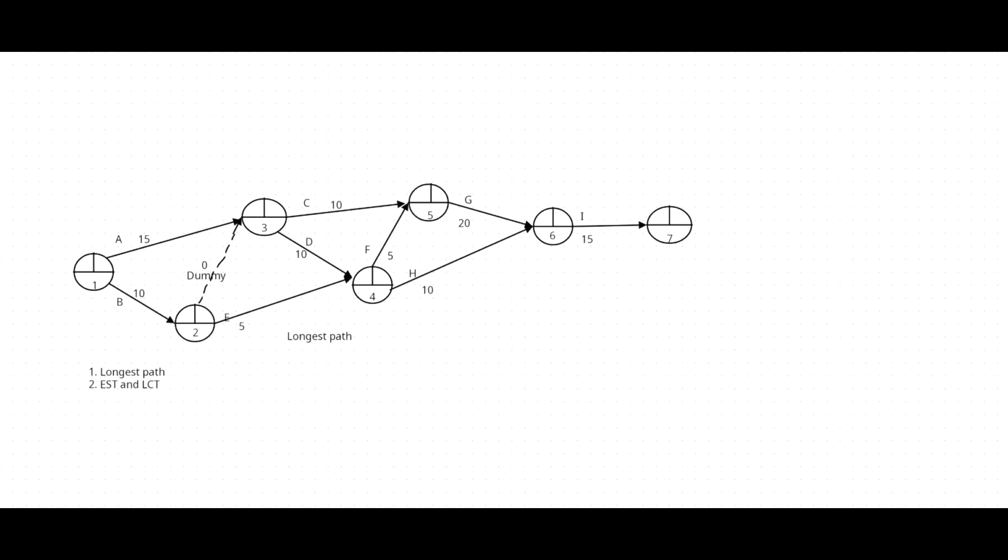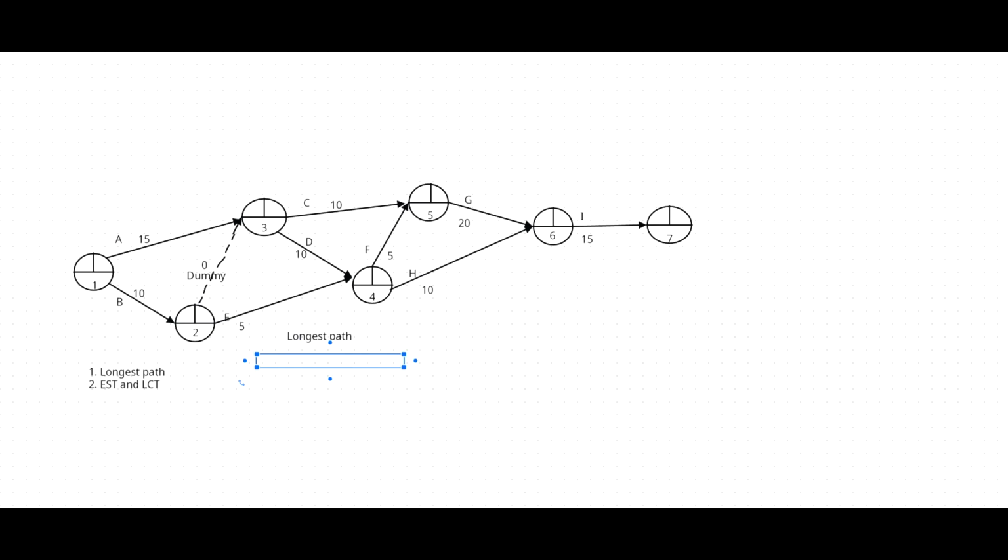Okay, I'll write down the first path using the activity names: A, C, G, I. The duration: A15 plus C10 plus G20 plus I15. Altogether 25, 45, 60.